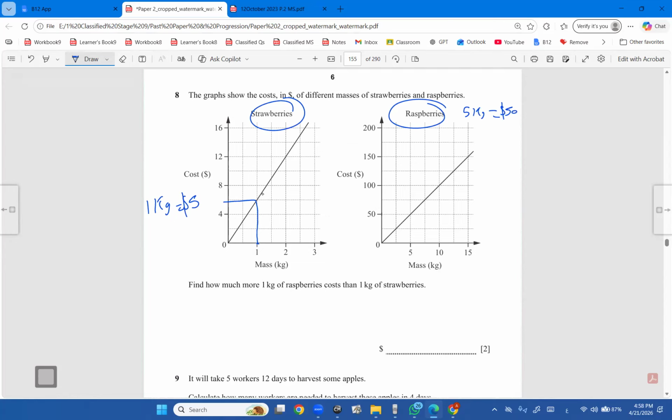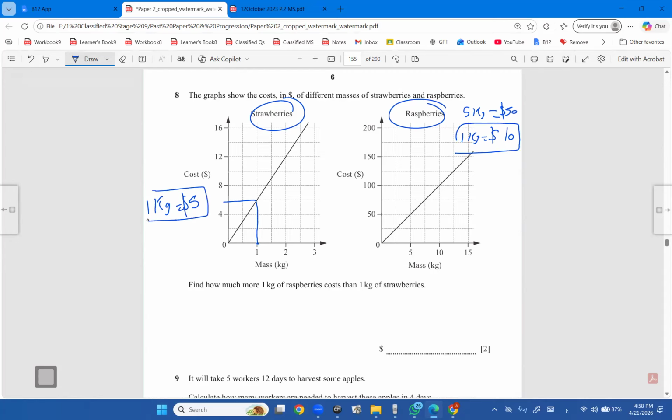But we're comparing one with one. So 1 kilogram equals, divide this by 5, gives you $10. So 1 kilogram of raspberries is $10, and 1 kilogram of strawberries is actually, this is not a 5, it is a 6. 1 kilogram is 6. So the difference between them is just $4 more.